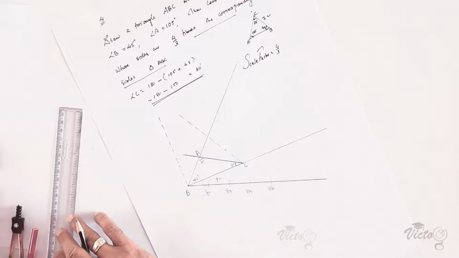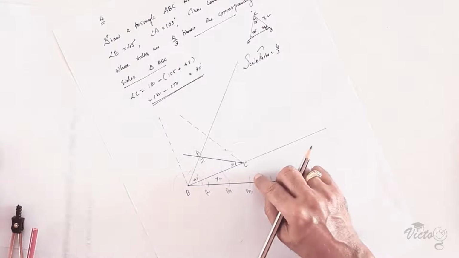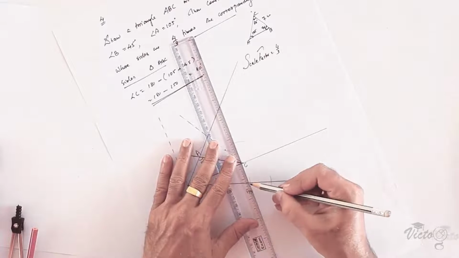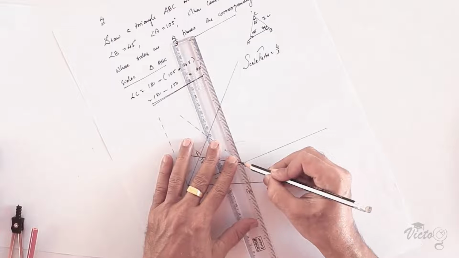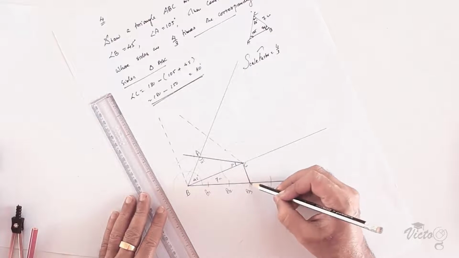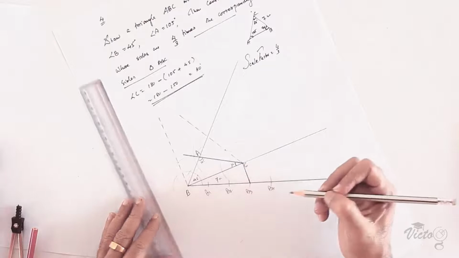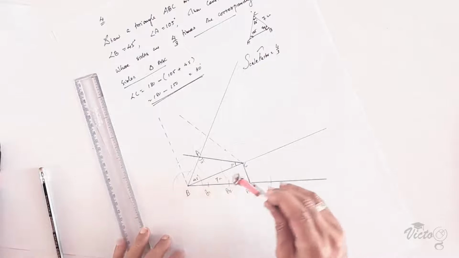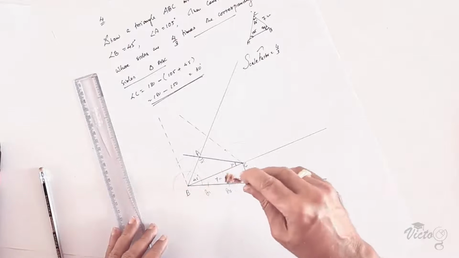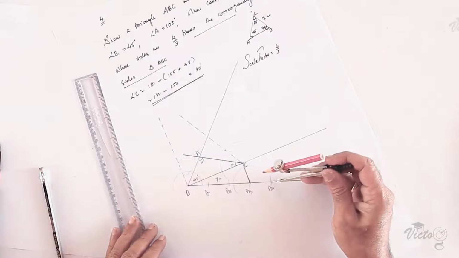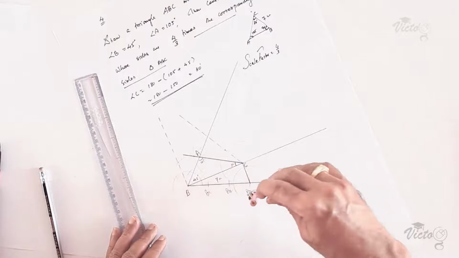Now join B3 to the end C. Join B3 and C. Draw another line segment which is parallel to B3C through B4. For that, draw an arc with the center B3 with a suitable radius. Without changing this radius, draw another arc with B4 as center.